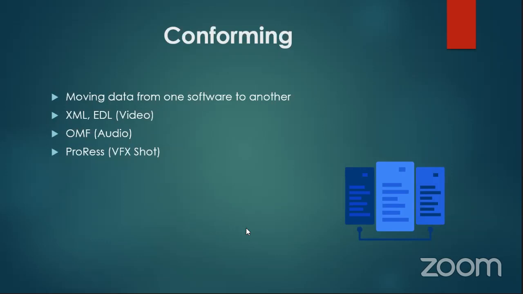If you work with FCPX and you want to do the color grading with DaVinci Resolve, you will have to export your timeline in particular file formats. There are multiple file formats like XML and EDL, where we export the metadata. EDL and XML contain the metadata of each clip, the information of each clip, its duration and content.